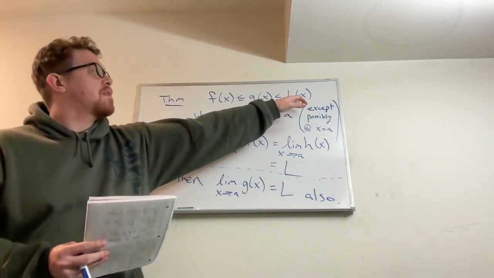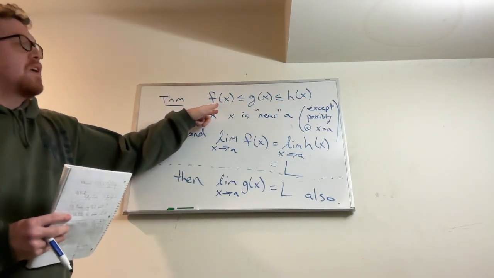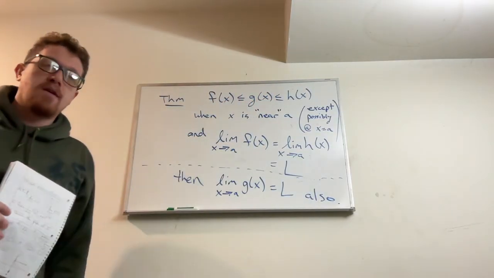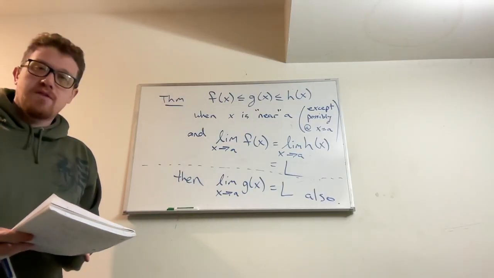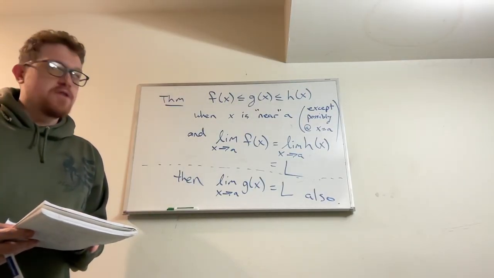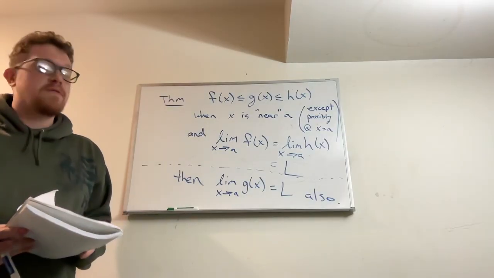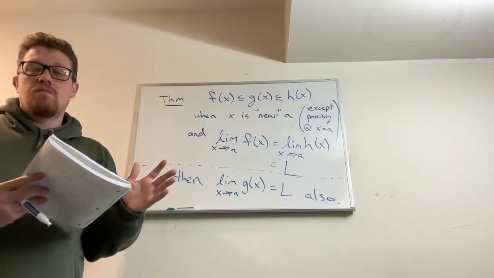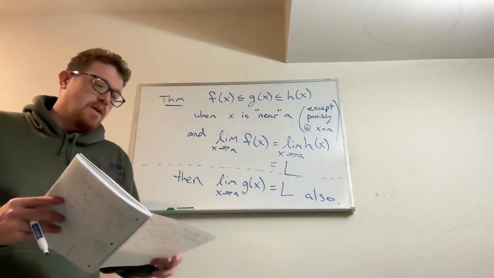A lot of the problems basically center around trying to figure out what is the h, what is the f, and usually you're given the g and you want to know what is the limit, right? So that's how a lot of these problems work, right? You're trying to find the limit of some squeezed function. You try to find what you can squeeze it between, that you know the limit of already.